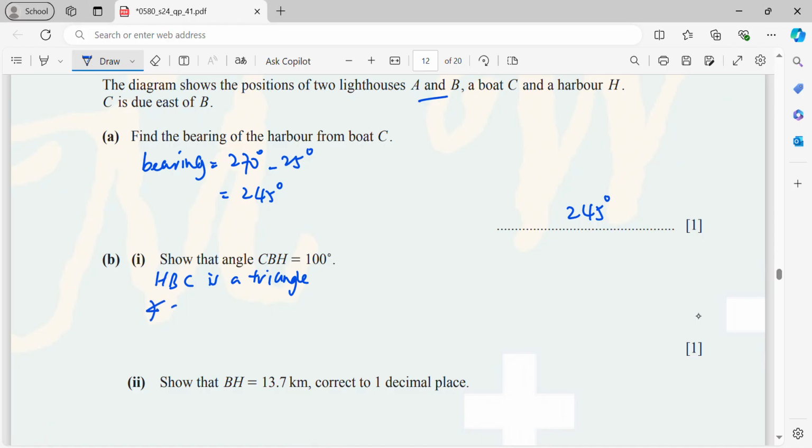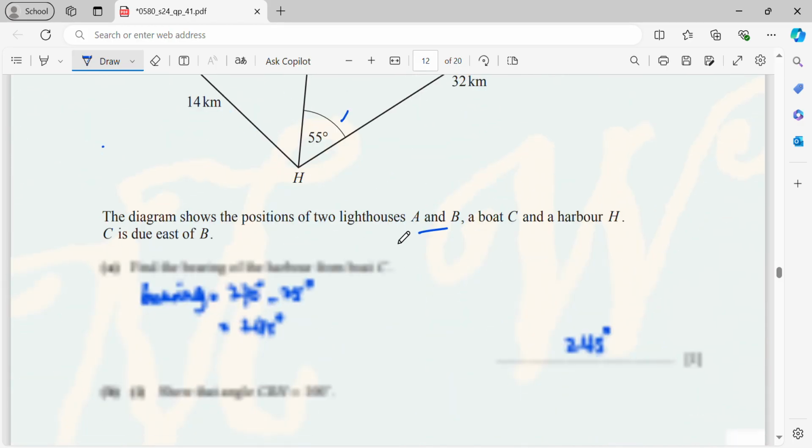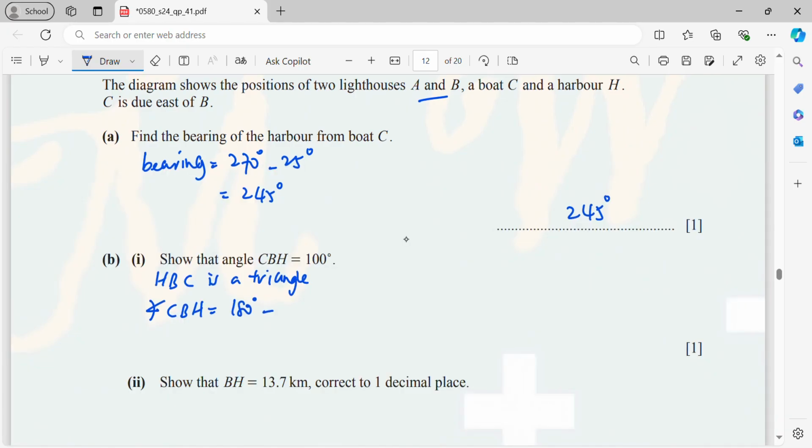Therefore, angle CBH equals 180 minus the other two angles, so minus 55 minus 25. That will be the angle CBH. This is 180 minus 55 plus 25, which is basically 80. Then I get 100.